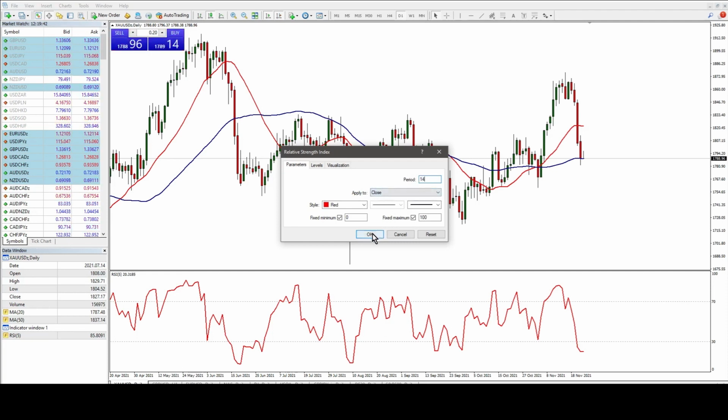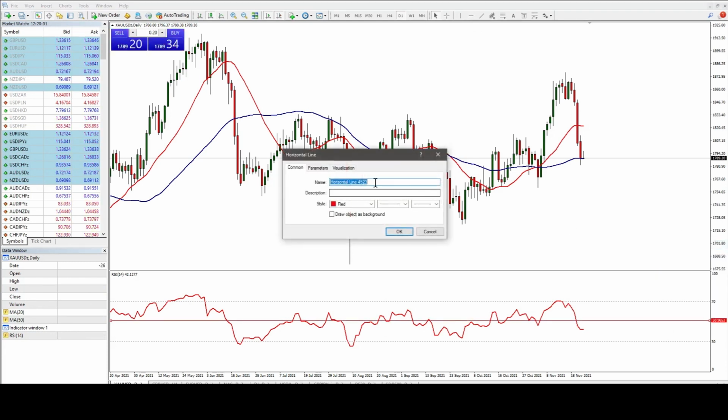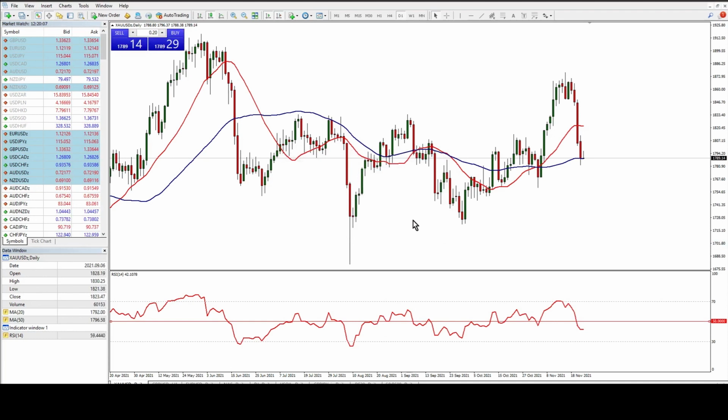If we choose 14, you can see how the indicator is less volatile. Now it moves much more around the 50 level, the midpoint here. By the way, let's just add it in for reference. Okay, there's no harm in being exact, so we have it at 50.